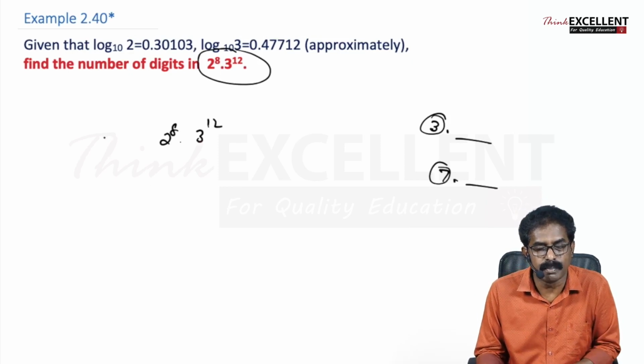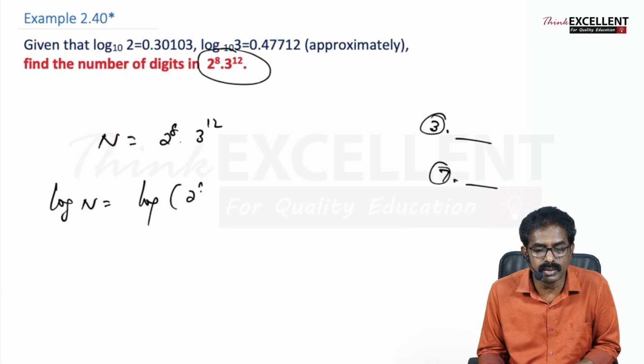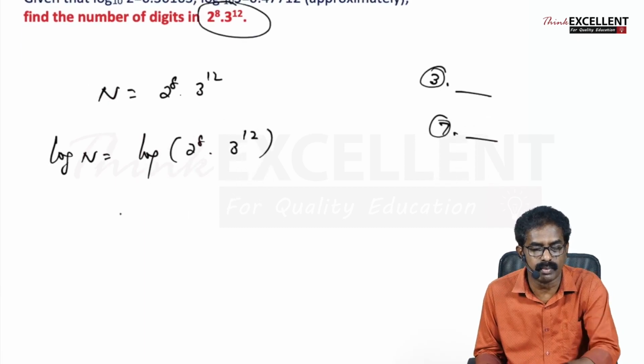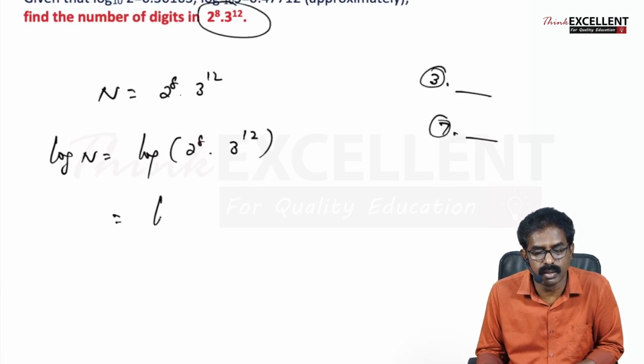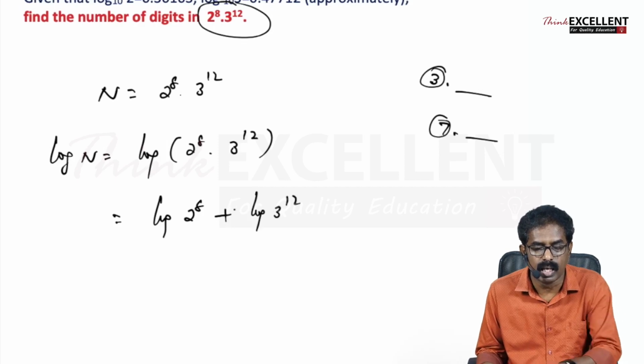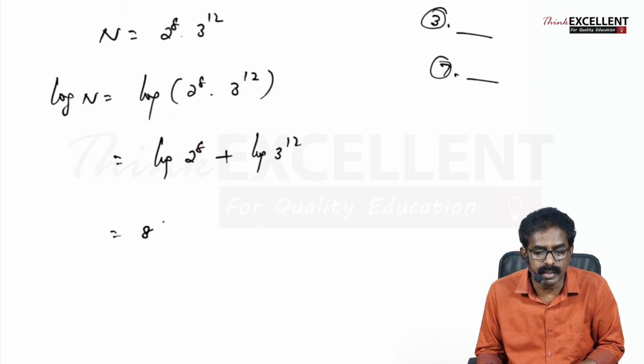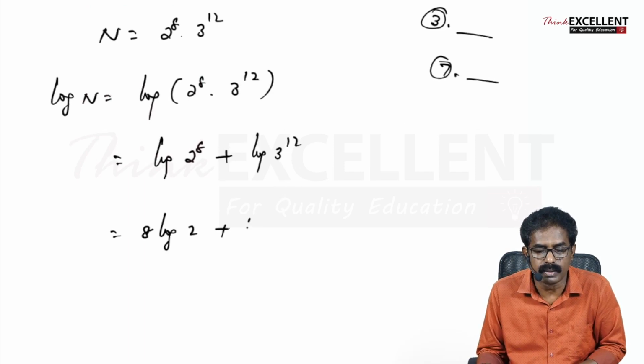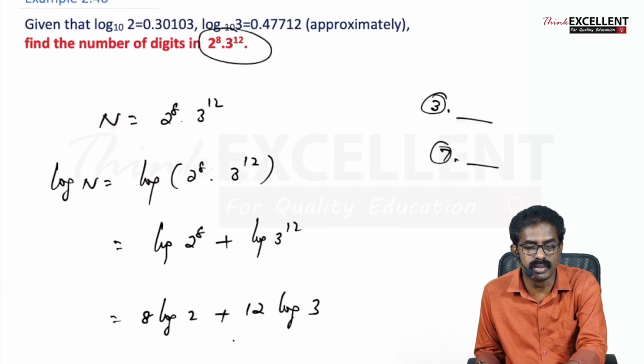Okay. So I am taking the number as n, taking log on both sides. So log n equal to log of 2 raised to 8 into 3 raised to 12. Apply the product rule first: log 2 raised to 8 plus log 3 raised to 12. Apply the power rule: 8 log 2 plus 12 log 3. Those log 2, log 3 values are given in the question, right?